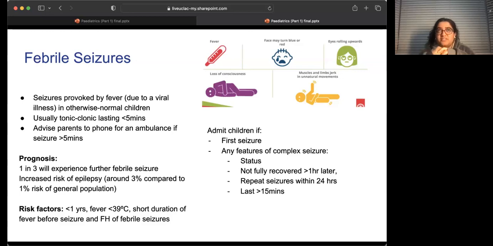The risk of more febrile seizures is higher if they were complex compared to simple, or if your fever was recorded at less than 39 degrees, because that basically means your threshold for having a seizure is at a lower temperature, so you're at a higher risk of getting them again.